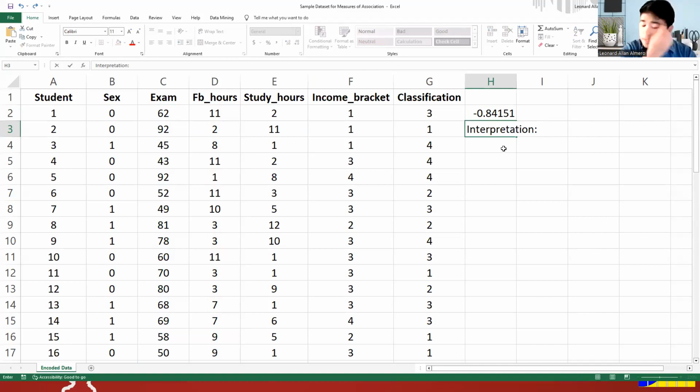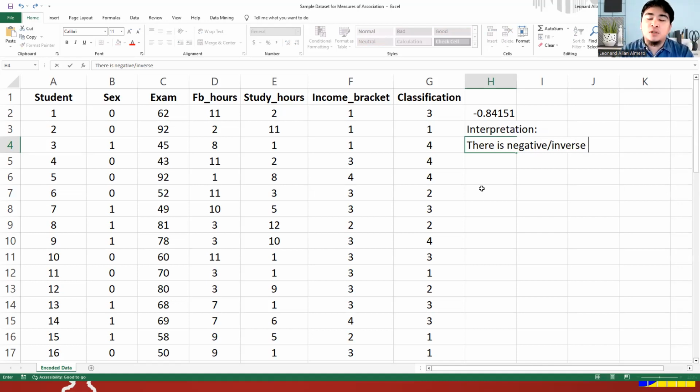Okay, interpretation. Ang pinakamahalaga po sa isang analysis ay ang interpretation. Okay? It's not enough na meron kang number or figure. Kailangan, alam mo ano po ang ibig sabihin ng number or figure na yon. So, itong negative 0.84151, ibig sabihin niya na there is negative, or pwede mong sabihin inverse. Yung 0.84 po, ano pong strength niyan, based on our discussion kanina?